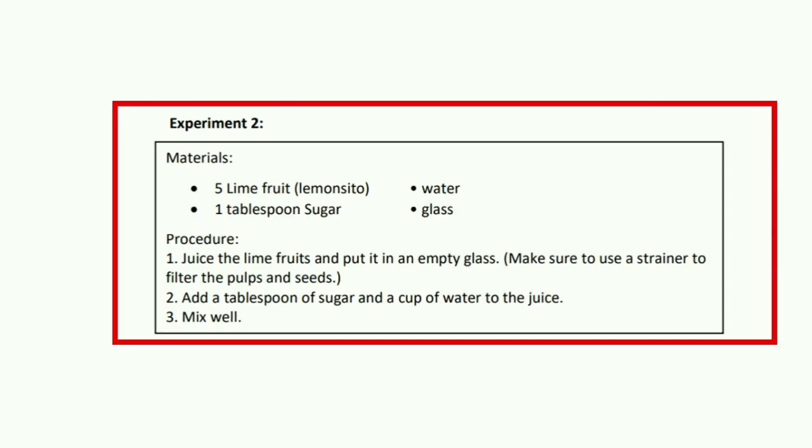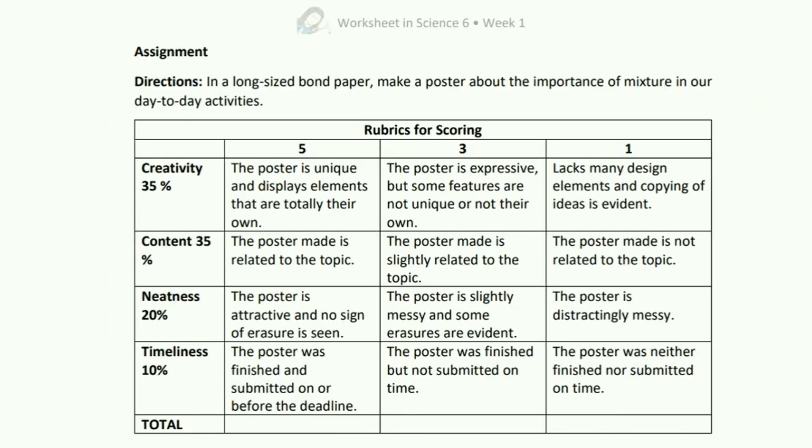For experiment number 2, we have 4 materials: 5 lime fruit or limoncito, 1 tablespoon sugar, water, and glass. Again, just like experiment number 1, follow the procedures and answer the questions that follow. Write your answers on the spaces provided for.